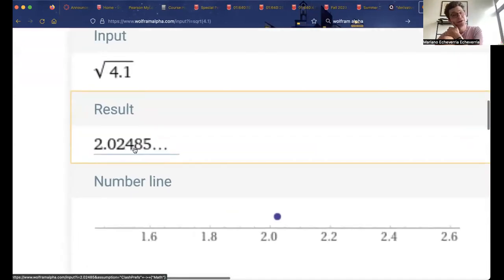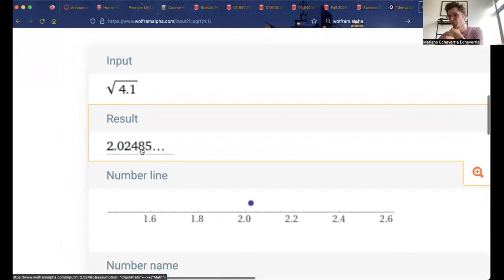Which if you were to round it, you would get 2.025. So what happens is that Wolfram Alpha or a calculator or these more complicated computer algebraic systems actually do a better approximation of what we're currently doing.